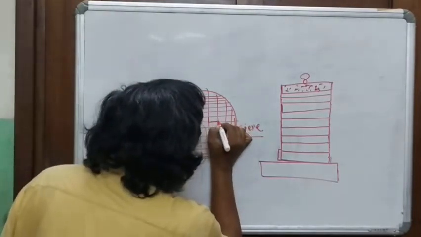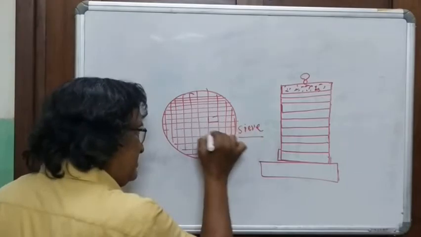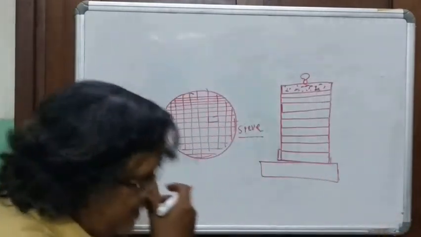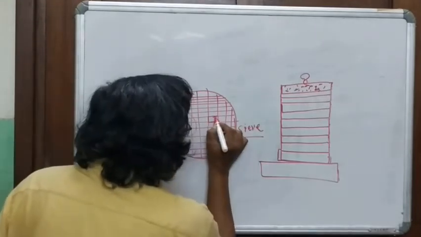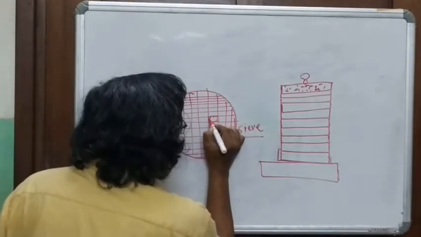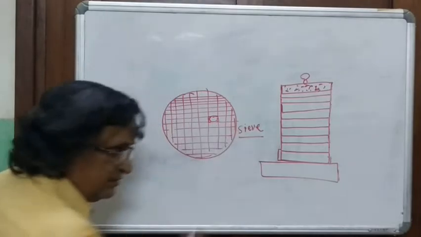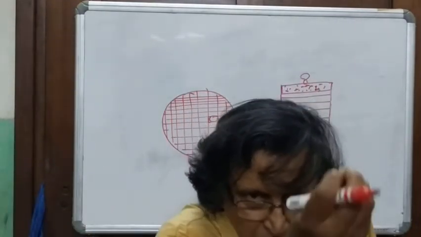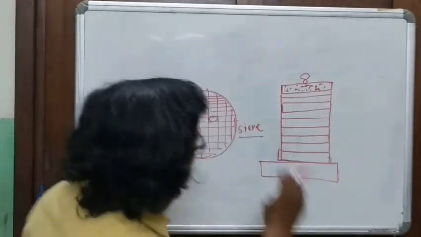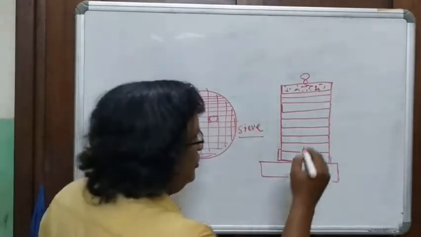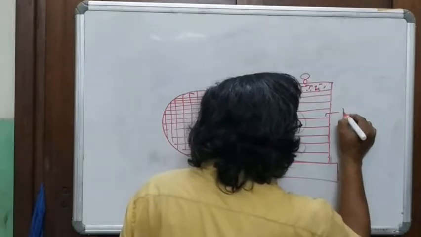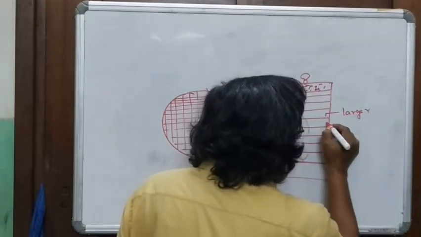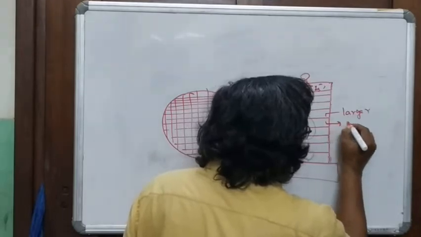So what happens? Any area in this sieve is the same, so it will only allow material smaller than that opening to go through. Those which are smaller will go through, and those which are larger will stay on the sieve.